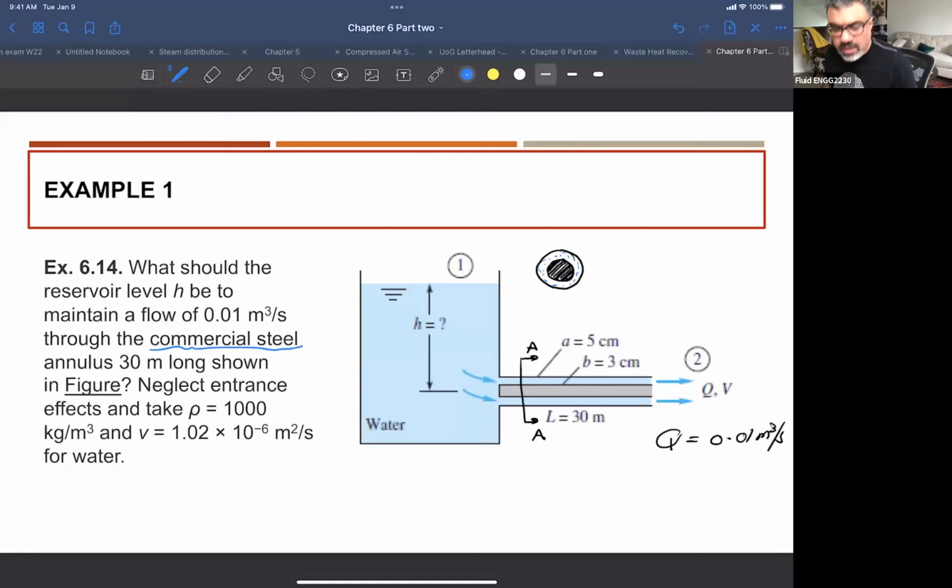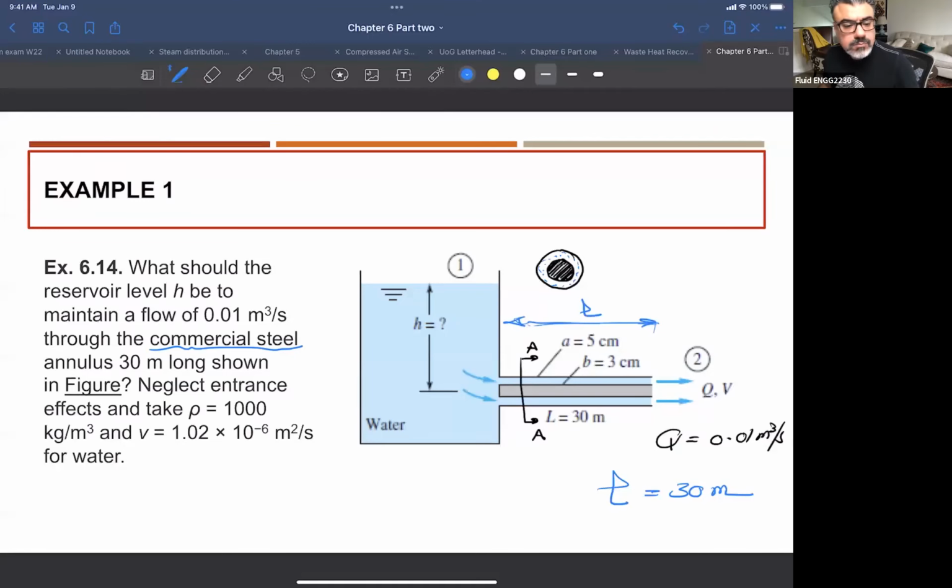So I just need to find the epsilon, or the roughness, of commercial steel from the table of roughness. And this is 30 meters long, so L is 30 meters.